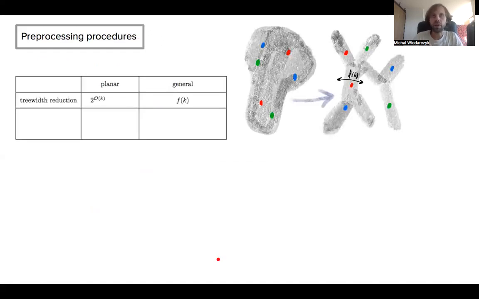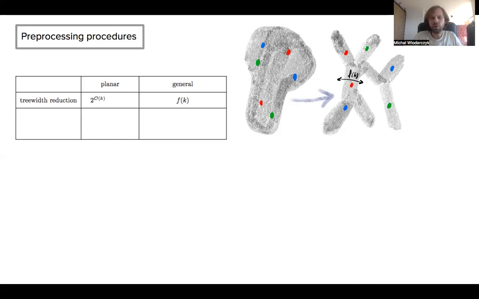Now let's take a look at what happens inside these algorithms. All the FPT algorithms for disjoint paths are based on some preprocessing, namely Treewidth reduction. Treewidth is a graph width measure, which says to what extent a graph resembles a tree.